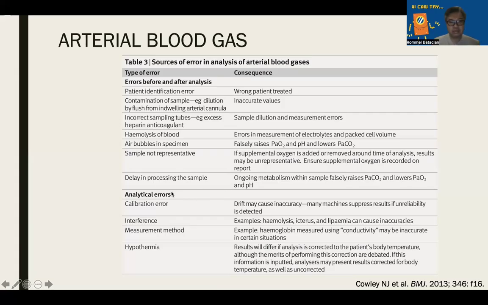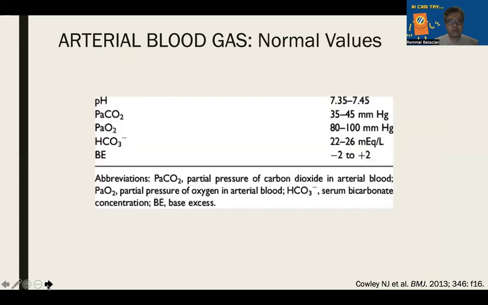As much as possible, you analyze the extracted arterial blood right away. The machine would also have some sources of errors: a calibration error, interferences, and the measurement methods, depending on the machines that are available. Those are some of the factors that you have to rule out so that you would get an accurate analysis of your arterial blood gas.